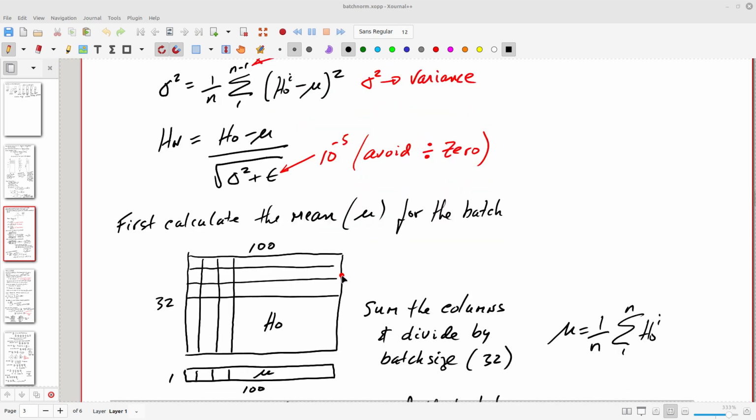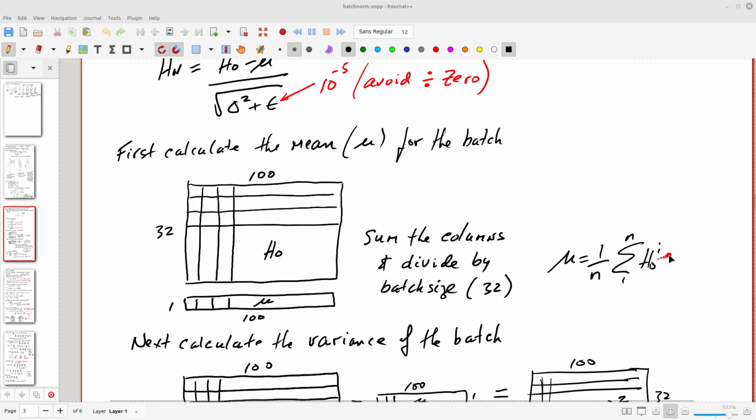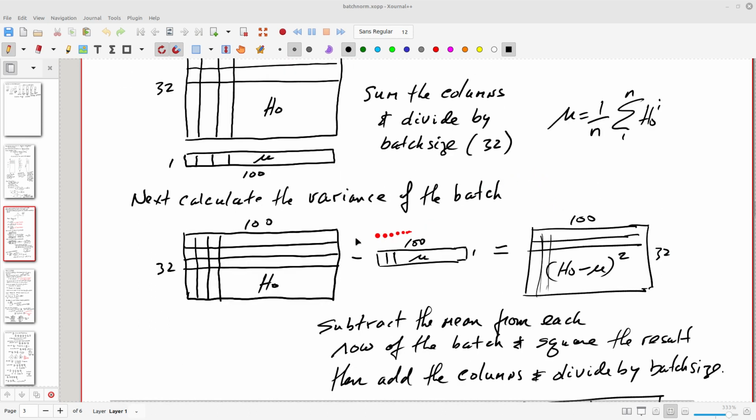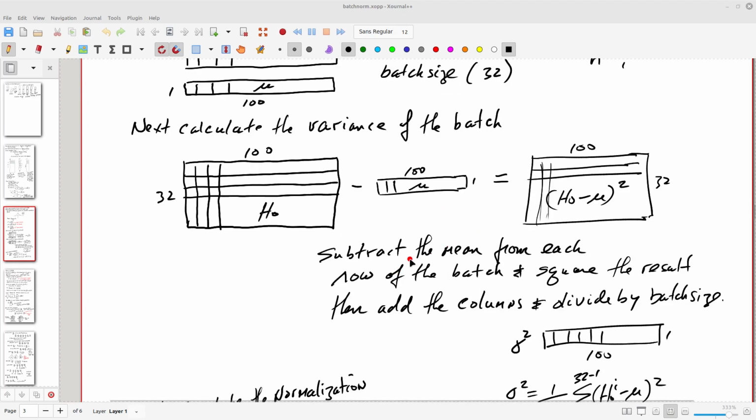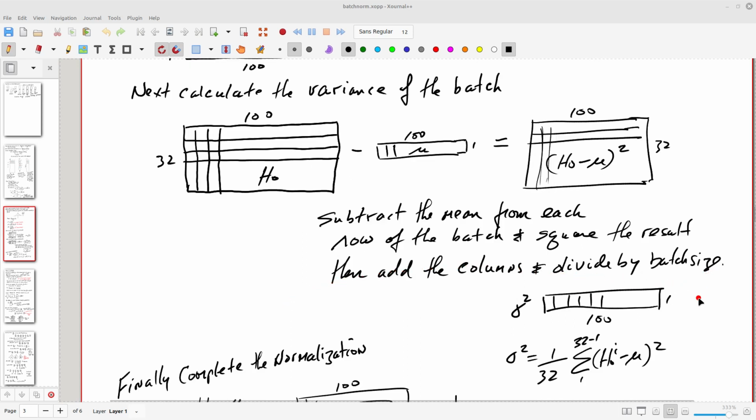So we calculate the mean here. There's the formula for the mean, and I went through the C code a little bit to show you that. Then we calculate the variance of the batch. So subtract the mean from each row of the batch, and square the result. Then we add the columns and divide by batch size.